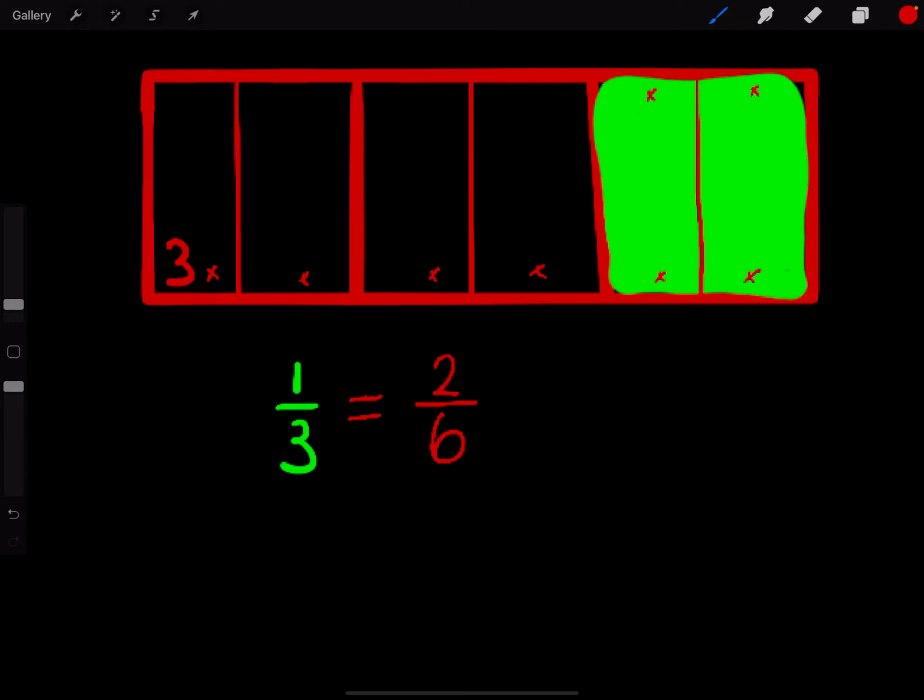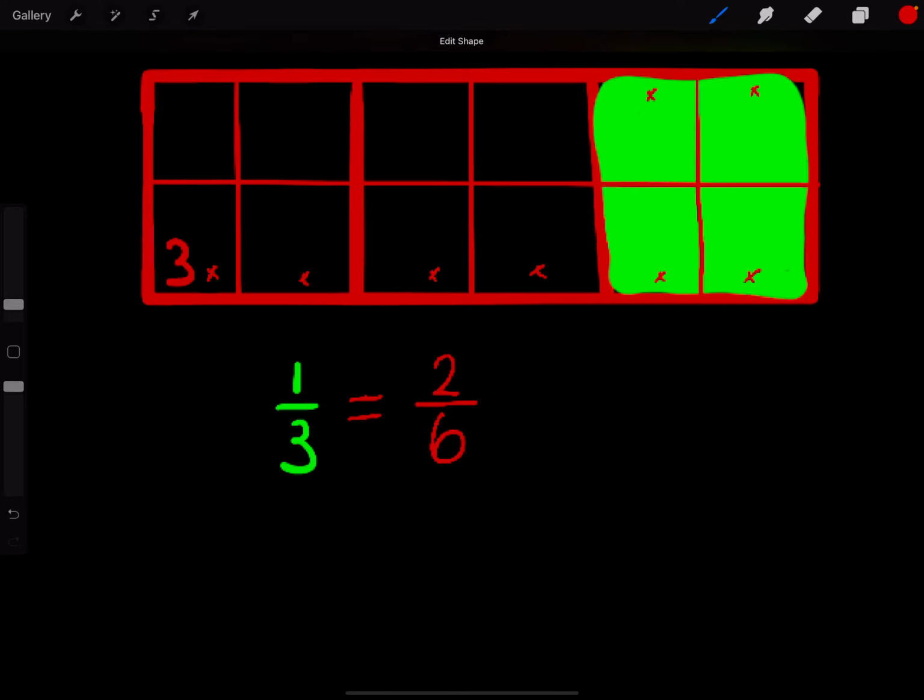All right, go ahead and fold it back up. Fold it all the way up. And then we are going to fold it again in half this way, and then unfold it. We've changed the fraction. It's the same whole, it's the same shaded part.